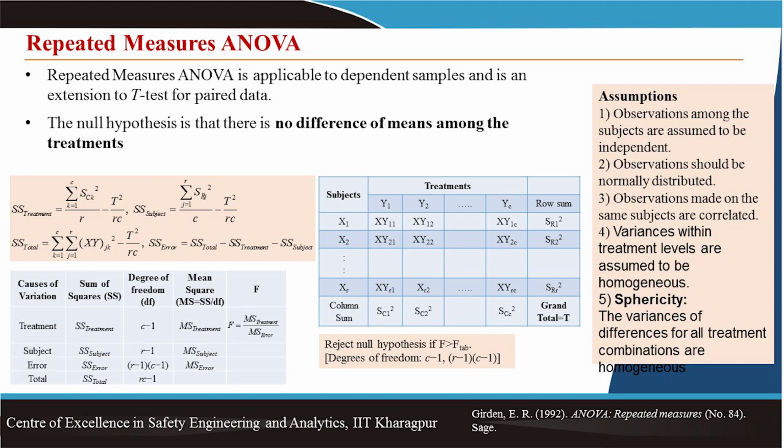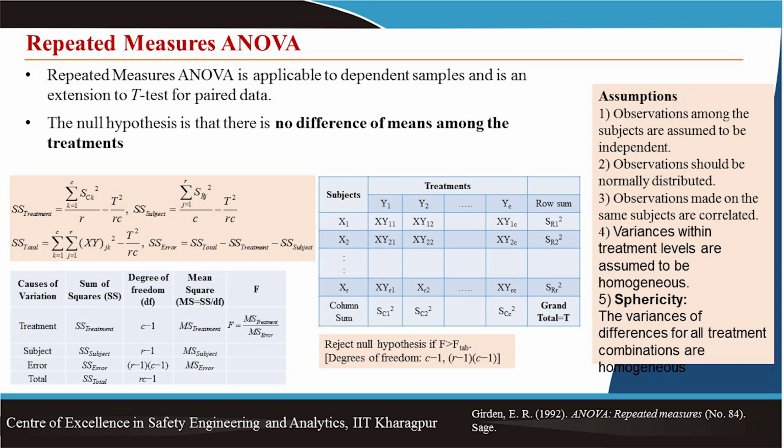Total variability is these two plus error, because the overall variability can be talked about by SS total. Then you can use this formula to compute it. That means for each individual value you square it, take the sum, and then minus T square by R C. Now, you know what T square by R C is.